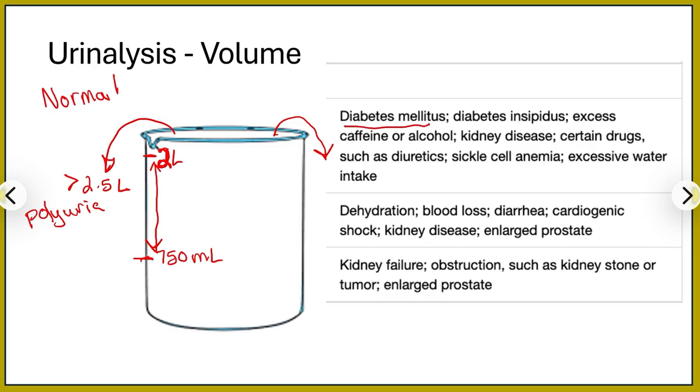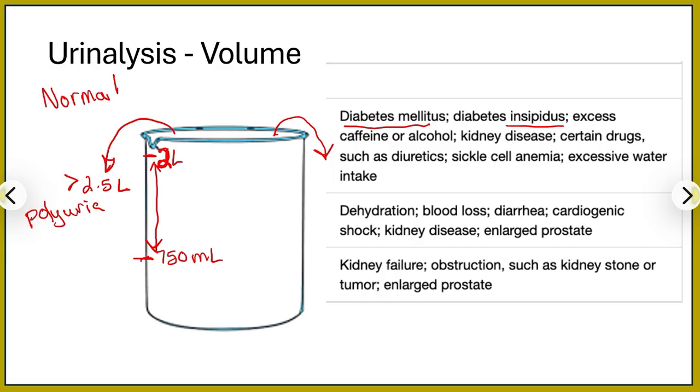So diabetes, both mellitus and insipidus, can increase your urine output, as can caffeine and alcohol. Kidney disease, certain drugs like diuretics, sickle cell anemia, or just taking in an excessive amount of water. All of these things will lead to excessive urine production.